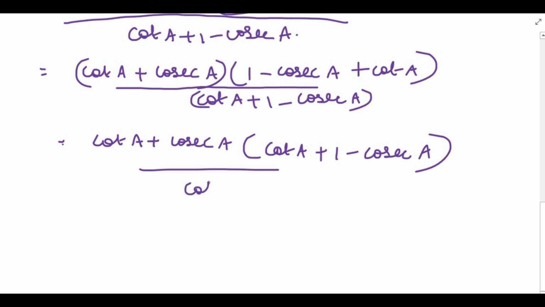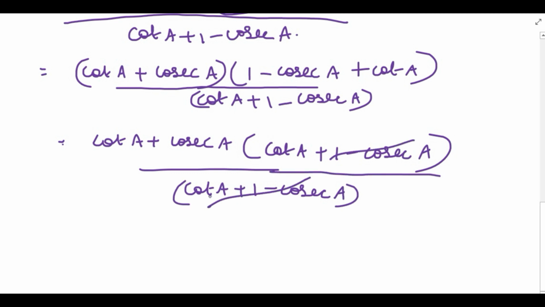So denominator is cot A plus 1 minus cosec A. Now you can see this and this are the same. Cancel that. So what is left is only cot A plus cosec A, which is equal to our RHS.